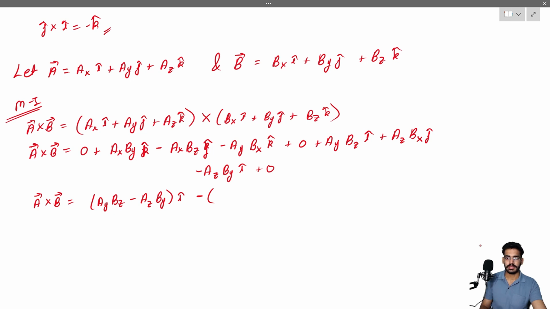Both of these are j cap, so taking the negative outside, it is minus ax bz minus az bx, j cap. Plus the k cap quantity: ax by minus ay bx, k cap. This is your a cross b. One method is this.